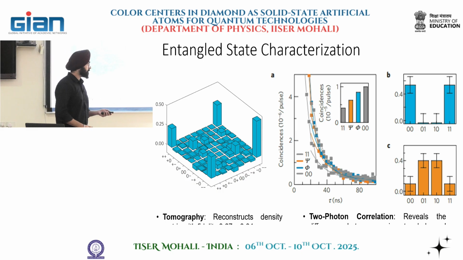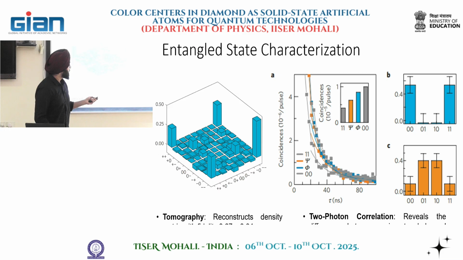In photon correlation measurements, what we want to check is if two photons from two different sources are coming at the same point, at the same time. So suppose we have 3 different types of states: a state phi, a state psi, and a mixed state, that is not an entangled state.